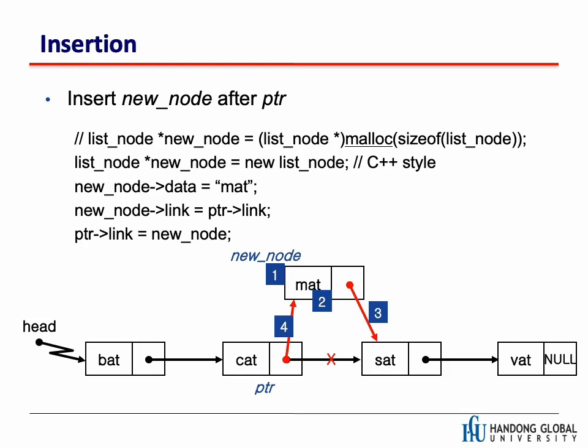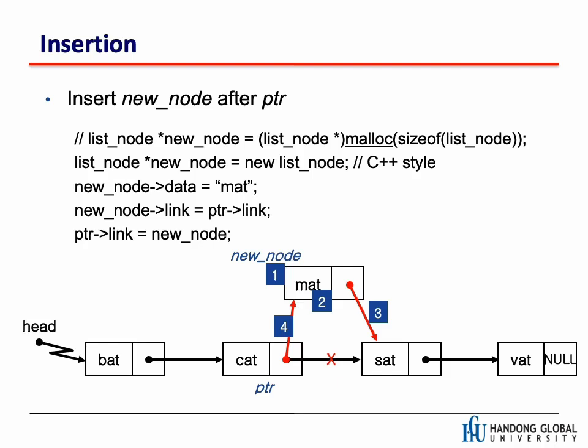Then we allocate memory space for the new node with the new operator. Now new node is pointing to a memory space, and then new node data will get mat. So we set the data field. Next, the third step, new node link will get PTR link.